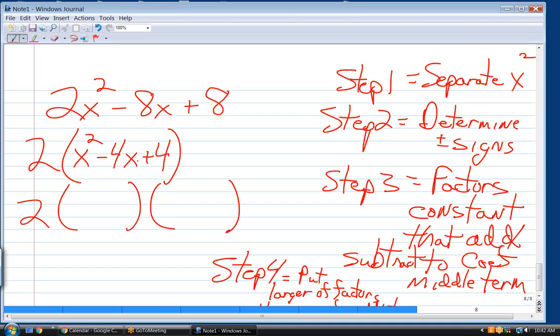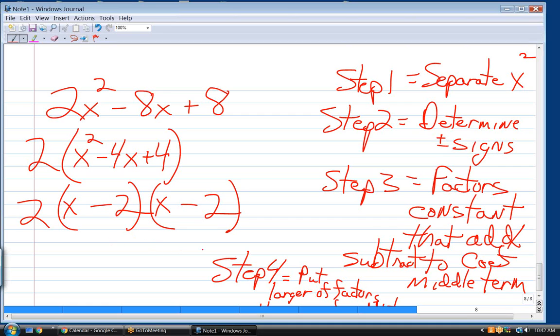But factor that. x and x there. And the sign is minus. And the number is 2. 2 in both spots. Notice how much easier it was to get to this answer.